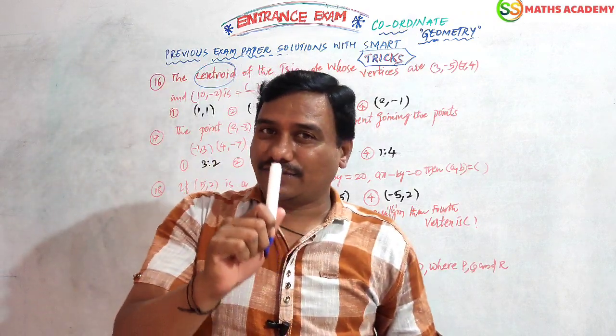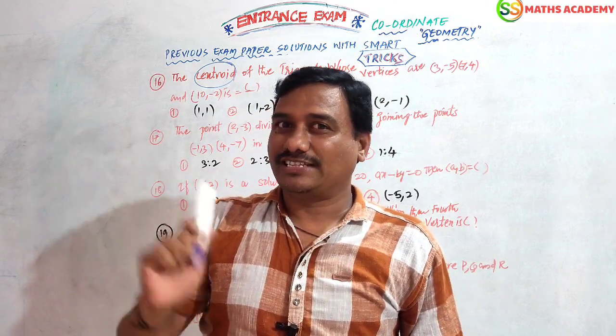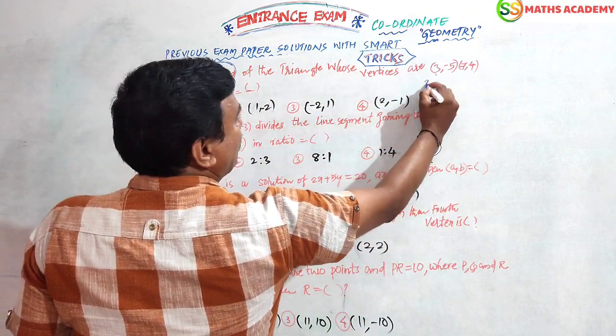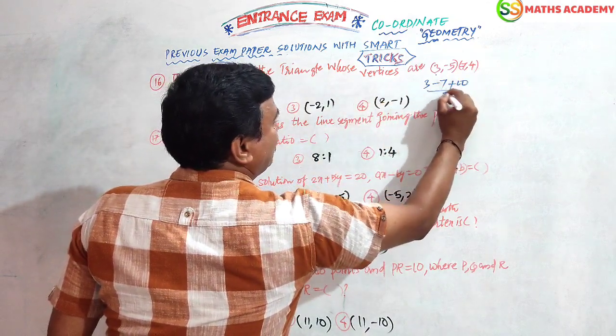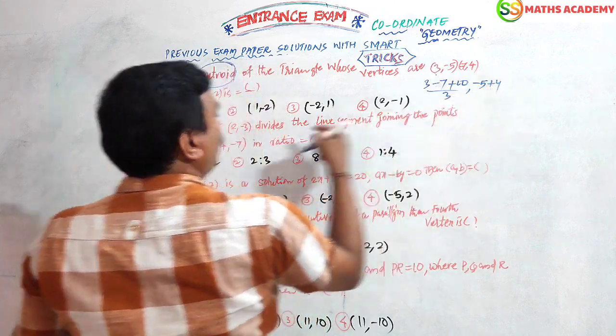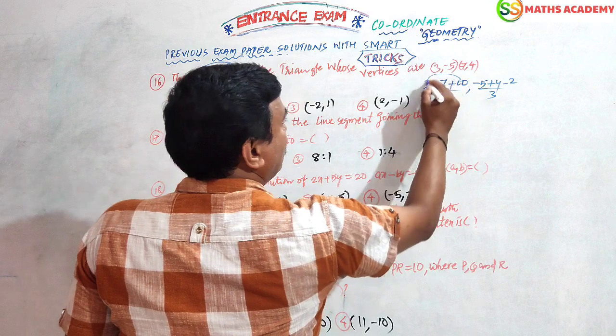When the vertices are given, the centroid is x1 plus x2 plus x3 by 3, y1 plus y2 plus y3 by 3. Let us check it. 3 minus 7 plus 10 by 3. y1 minus 5, y2 plus 4, y3 minus 2 by 3.